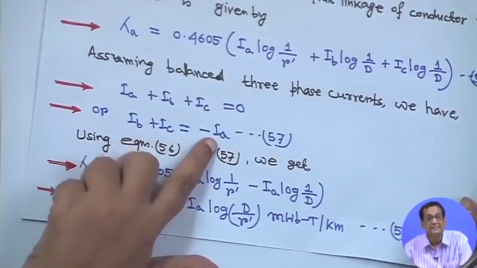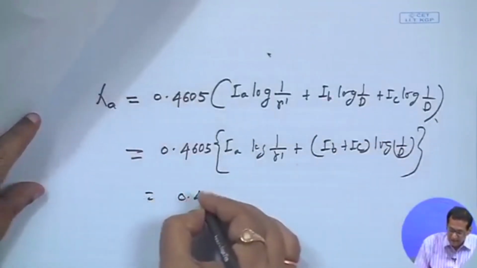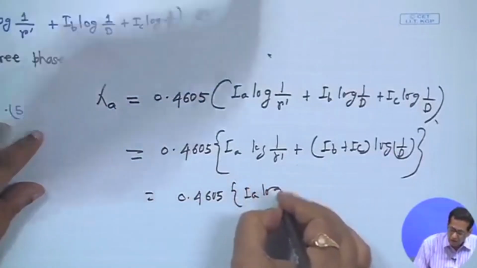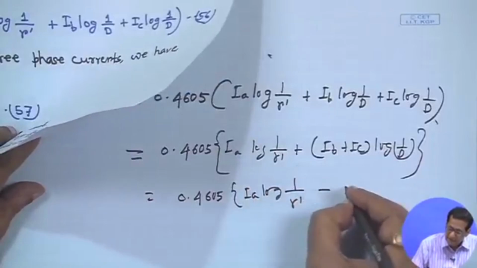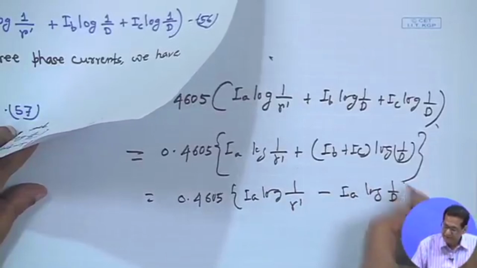So, IB plus IC is equal to minus IA, you put it here: log 1 upon R dash minus IA log 1 upon D, right.